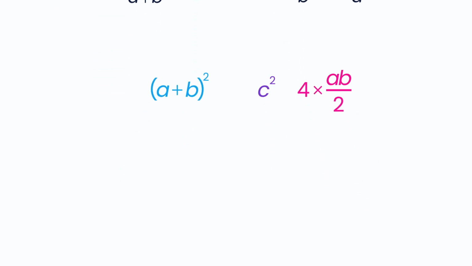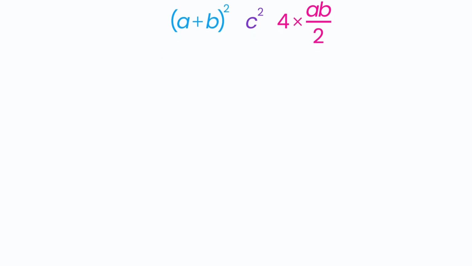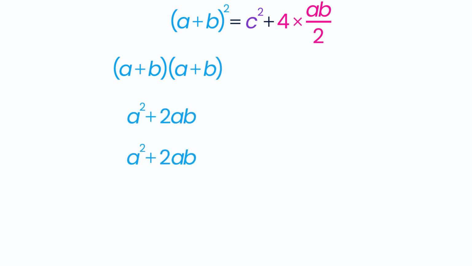The quantity a plus b squared equals c squared plus 4 times ab over 2. The left side of the equation is the square of a sum. Recall that the quantity a plus b squared is the same as the quantity a plus b times the quantity a plus b, which is a squared plus 2ab plus b squared.